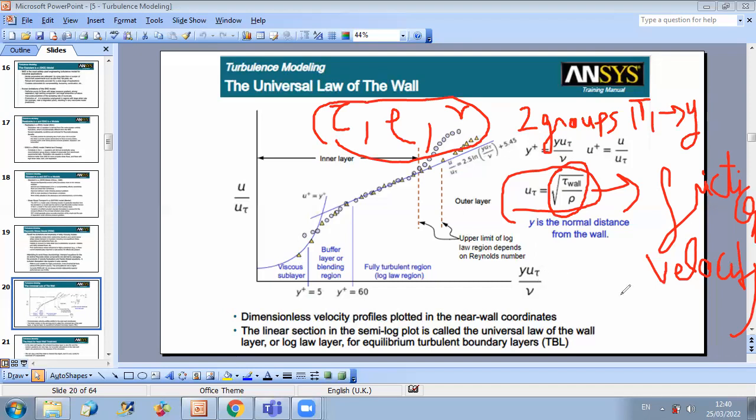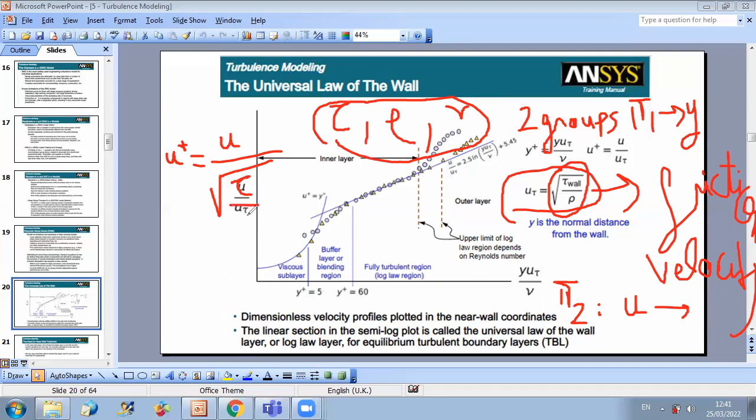And the second group is for the velocity. So pi 2 is obtained by combining the velocity of the flow u with the three independent variables tau, rho, and mu. And you will find that the group you get is u plus equal to u over radical tau over rho.